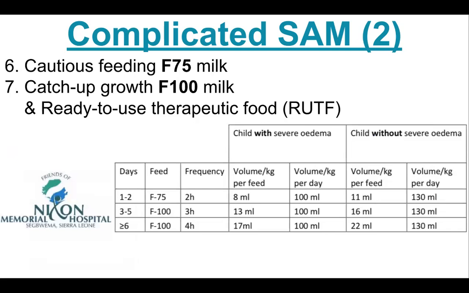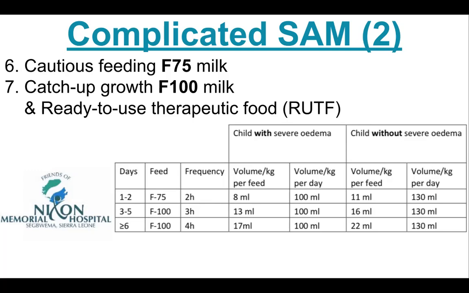So after that, we need cautious feeding with F75 milk. For the first 2 days, what we call the stabilization phase, we use F75 to feed the children with a frequency of every 2 hours. So every 2 hours, the patient should get feeding.